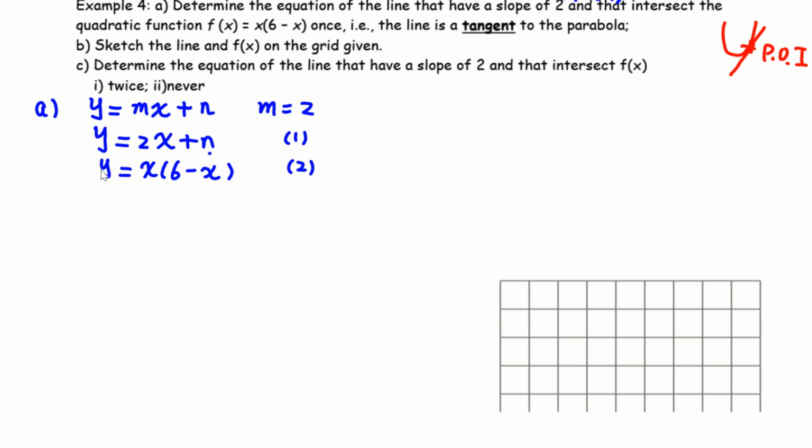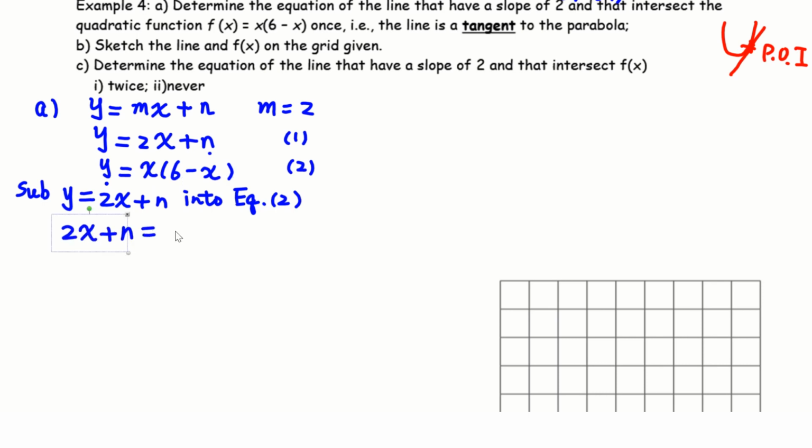In order to find the point of intersection, we are going to get rid of one variable. So substitute equation 1, y equals 2x plus n, into equation 2. Then we replace the y with the equivalent. It will be 2x plus n equals x times 6 minus x.